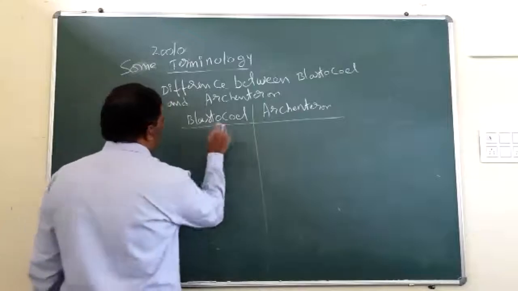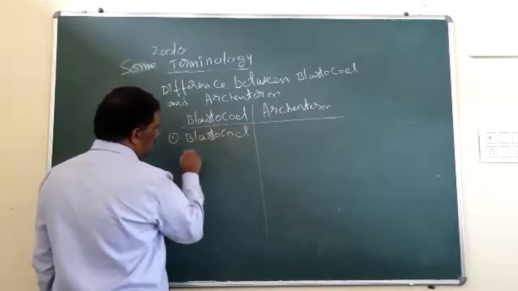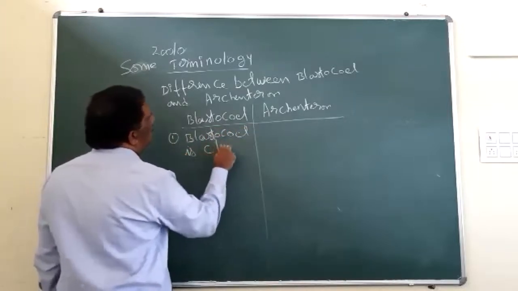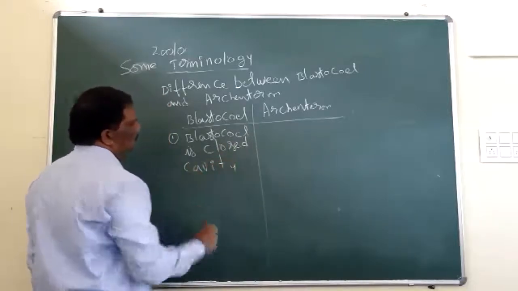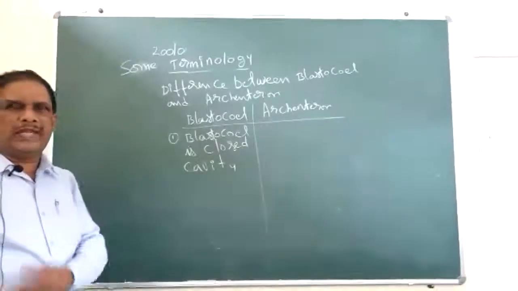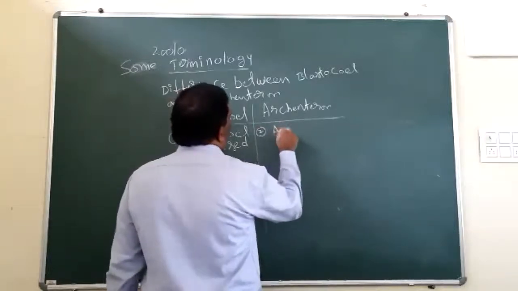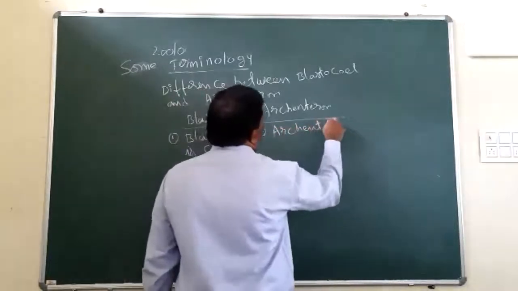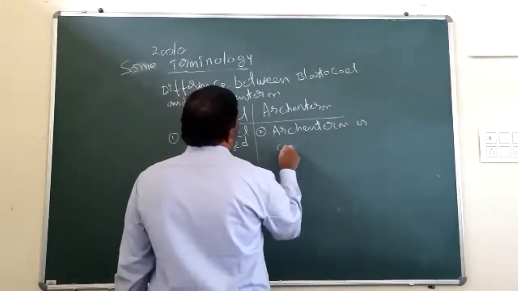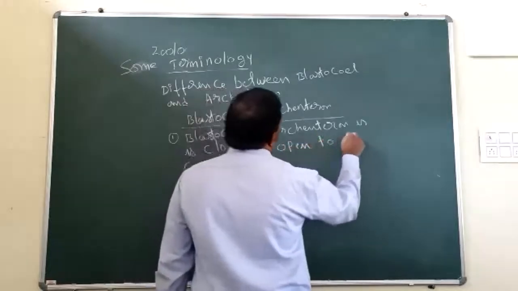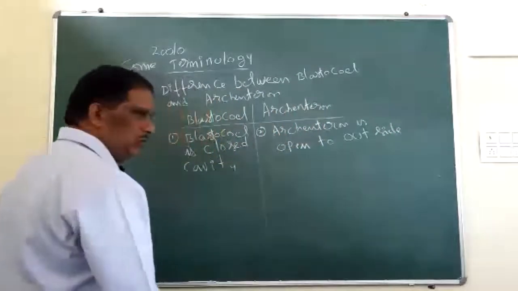So in this, blastocele is a closed cavity. Archenteron is open to outside. Right?